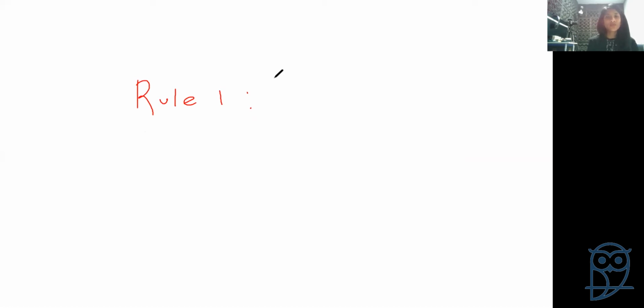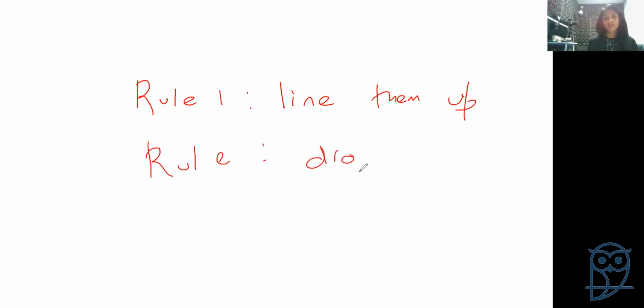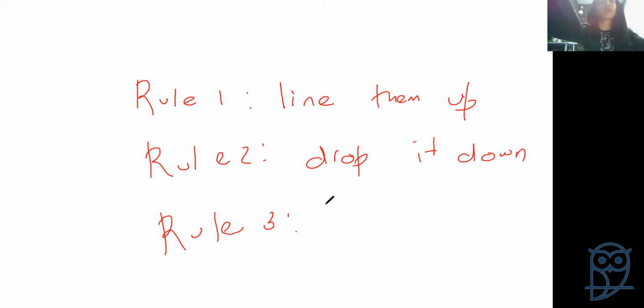Rule number 2 was drop it down, because we needed to drop the decimal down to the correct spot when we add or subtract. And what was rule number 3? Who remembers what was rule number 3, guys?